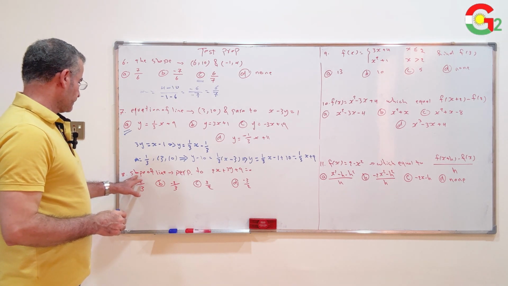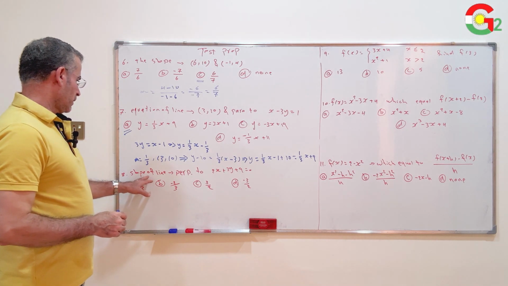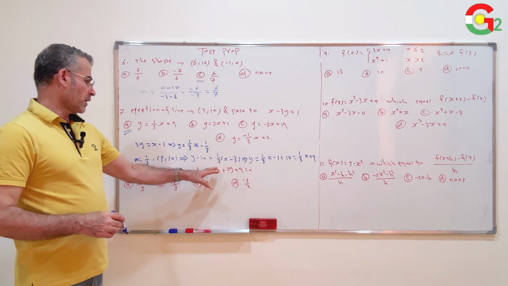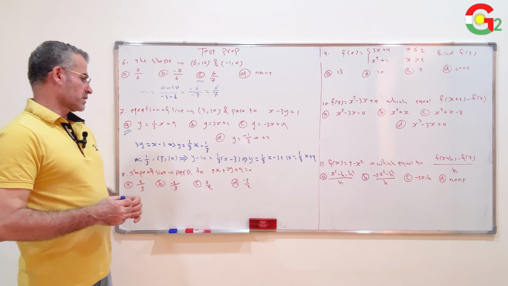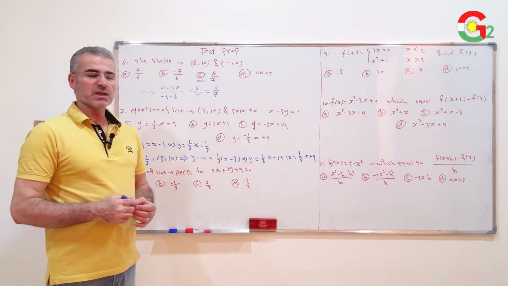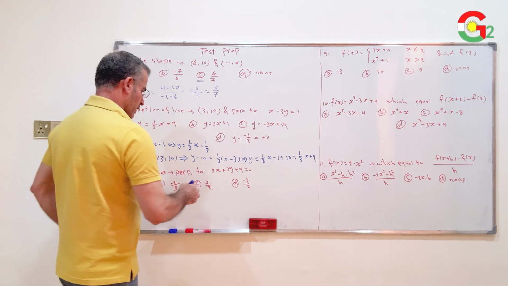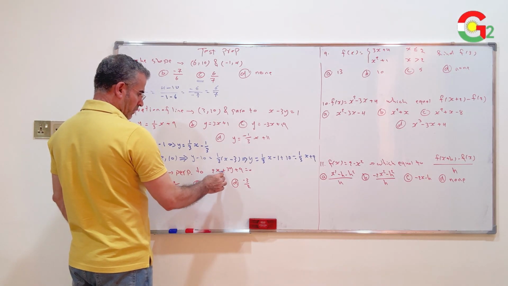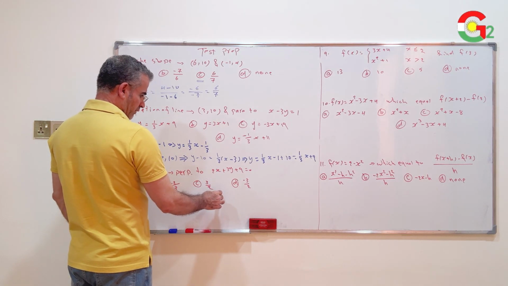Number 8. Find the slope of the line perpendicular to the line 2x plus 3y plus 9 equals 0. Rewrite this line equation in slope intercept form.